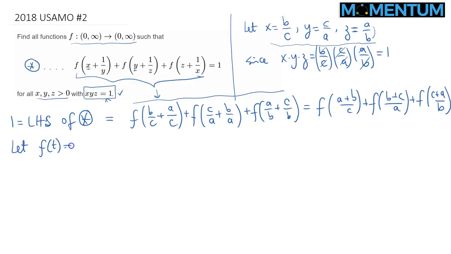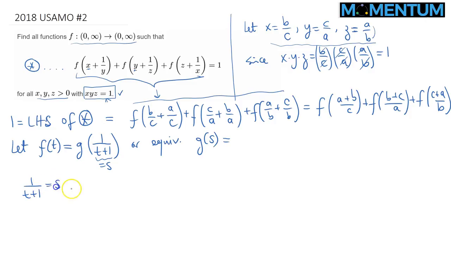Let f of t be equal to g of 1 over t plus 1, or equivalently this would mean that g of s, if you call this inside as s, is equal to, let's do it here. So if you call 1 over t plus 1 as s and just rearrange, you would get 1 over s is equal to t plus 1, further implying that t is equal to 1 over s minus 1.